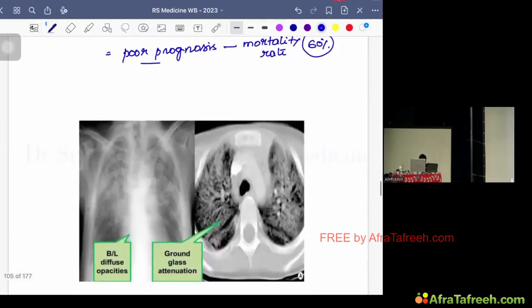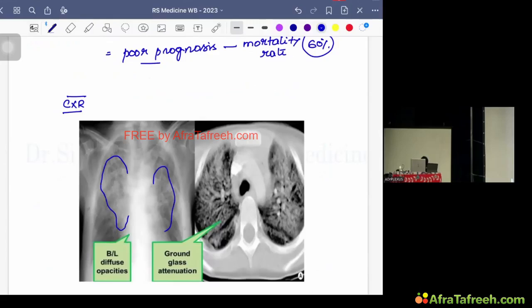For investigation, you do a chest X-ray. The chest X-ray will show, like pulmonary edema, a bat wing appearance.